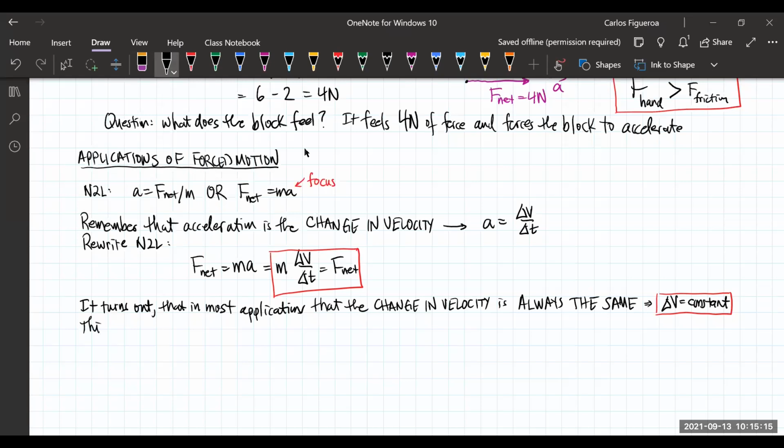This means when we accelerate, it's the time interval that plays the major role.